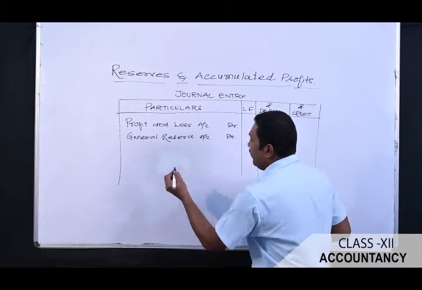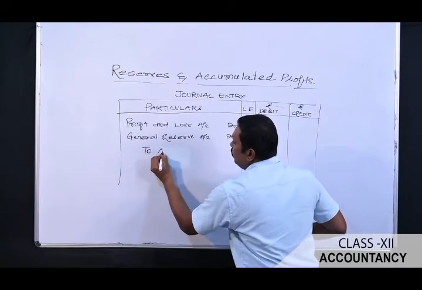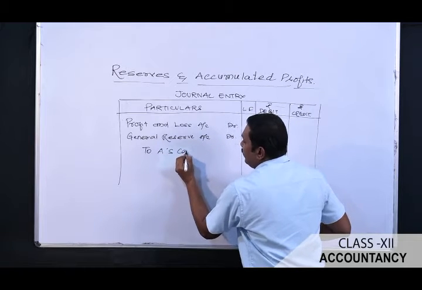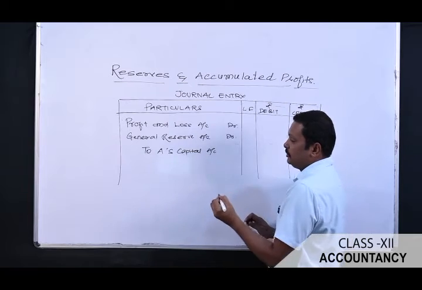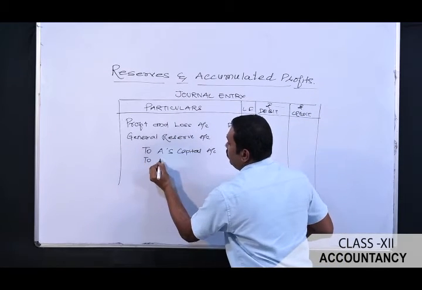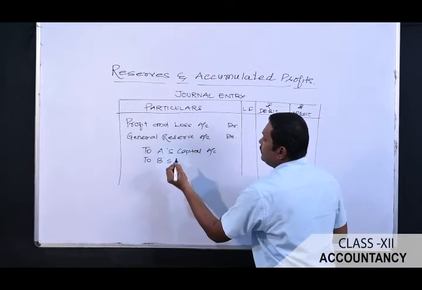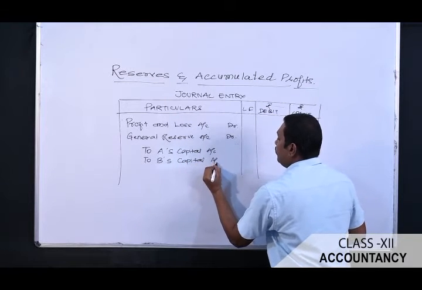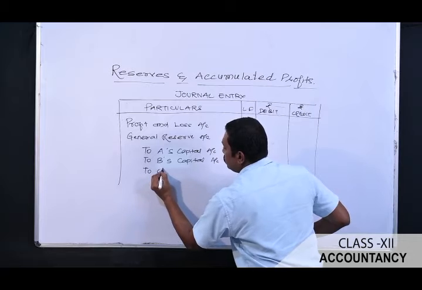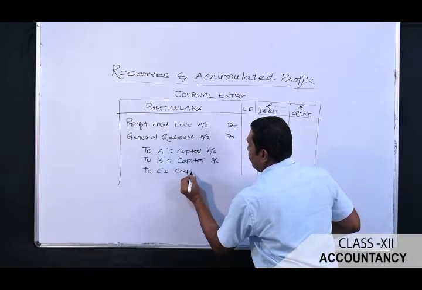Who are they? A, B, C. To A's capital account, in case capital accounts are fluctuating. Otherwise you write current account. To B's capital account and to C's capital account.